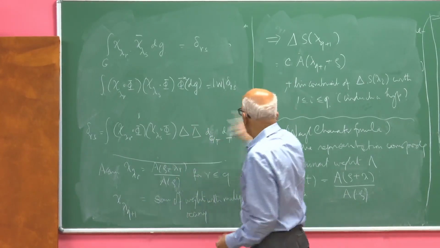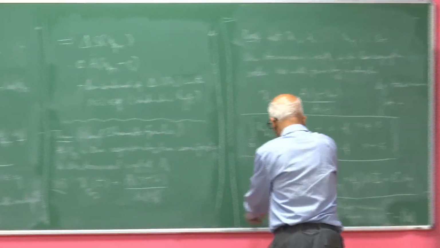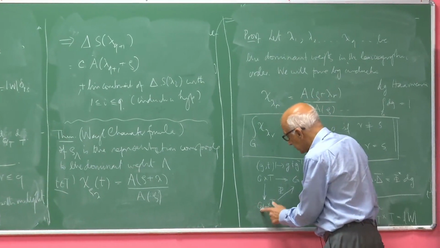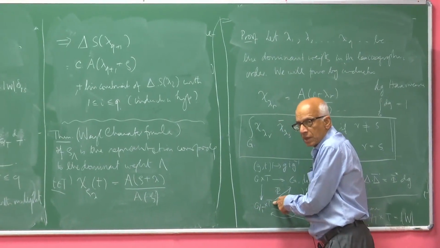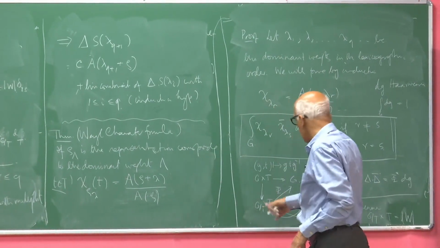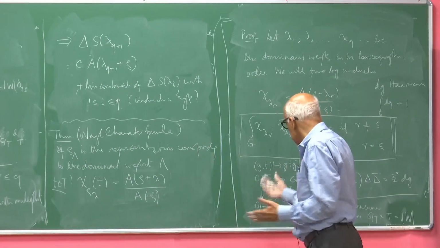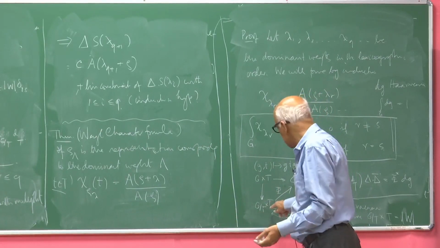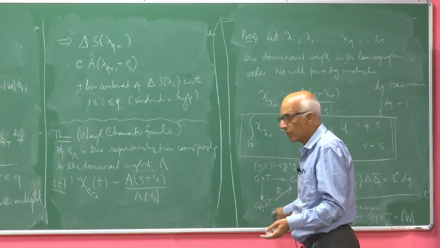See, when I compose, I get a function on G mod T cross T, which is really invariant under G. So it is a function which is essentially a function on T, and the integration on G mod T therefore is irrelevant. It is the volume of G mod T is what you are going to get. So it is essentially integration over T.